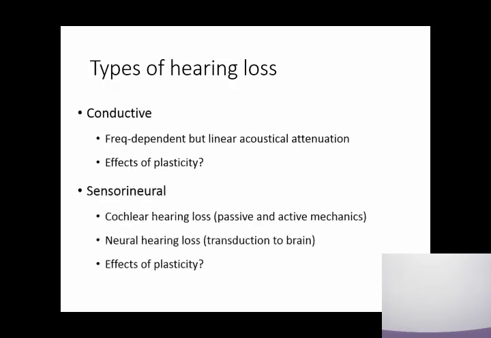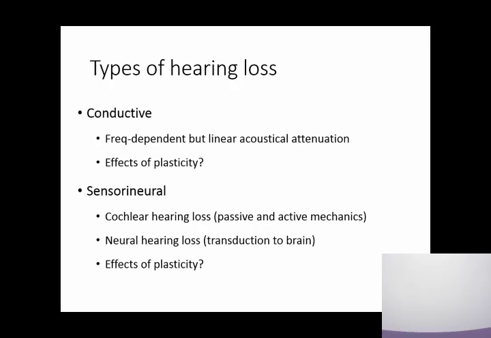Types of hearing loss. Why do I say that? Because different hearing loss, especially conductive hearing loss and sensorineural hearing loss, have a different effect on the perception of loudness. The conductive hearing loss is frequency dependent, but linear acoustical attenuation, which means the conductive hearing loss comes from a transmission problem. It does affect the amplitudes, but it's linear.